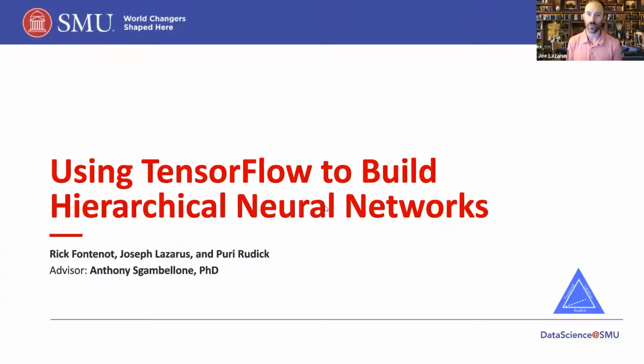To do so, we built a hierarchical neural network and we built a regular neural network. And we isolated the variables just between, we made small networks with only one dense layer, no convolutional layers, really trying to isolate in on that structure.